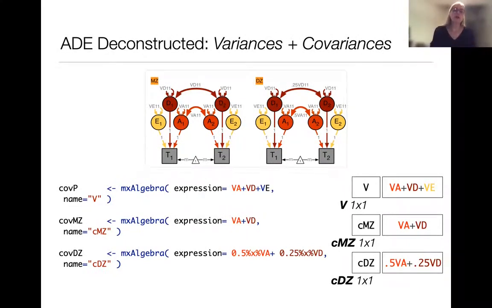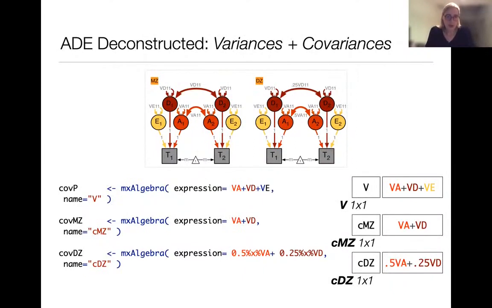And note that here we use the names used within the MX matrix statements, the VA, VD, and VE names, rather than the Cov-A, Cov-D, and Cov-E names. The sum of these 3 components will be stored in a matrix called V, contained in the object Cov-P, the covariance of the phenotype.